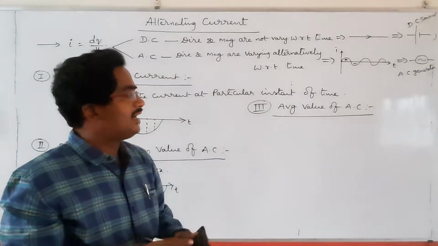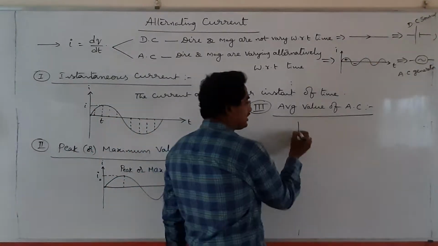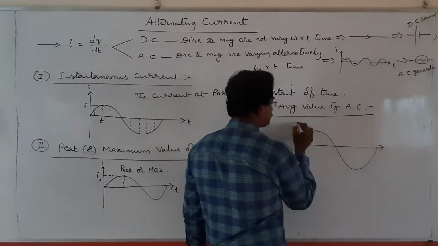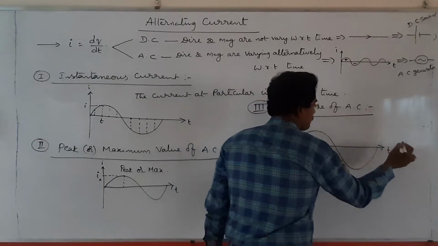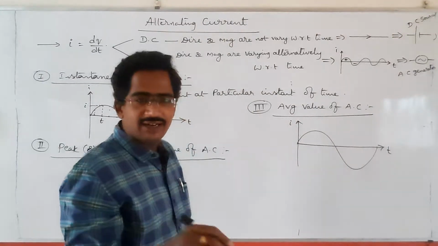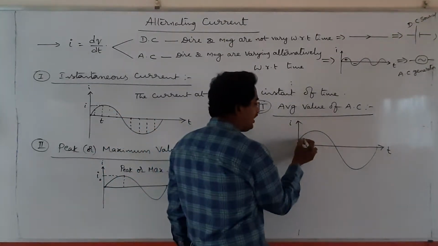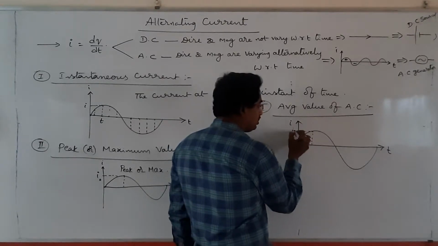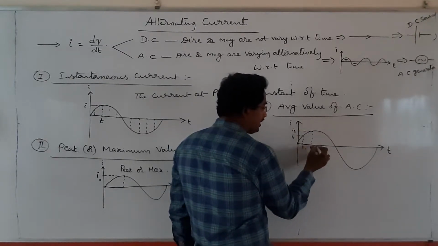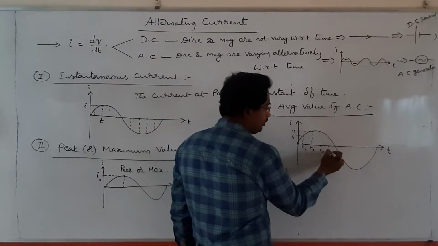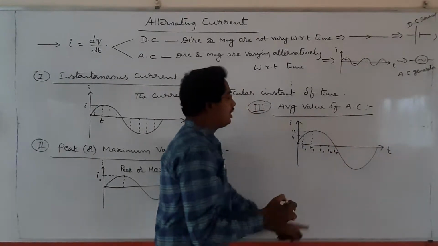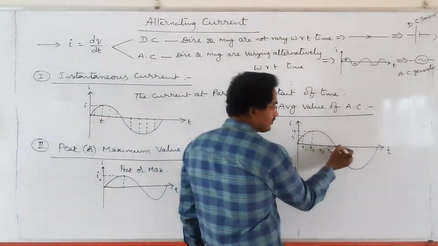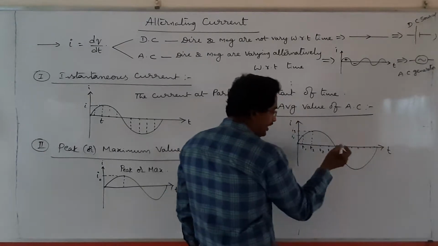For example, if you have an AC cycle and you want to get the average, what we need to do is write the current values I1, I2 at different instants of time T1, T2, T3, T4, T5, and take the average.